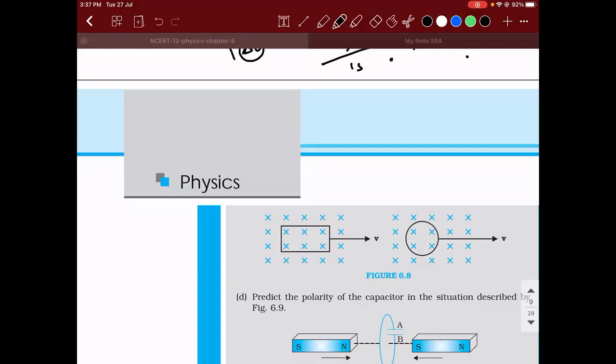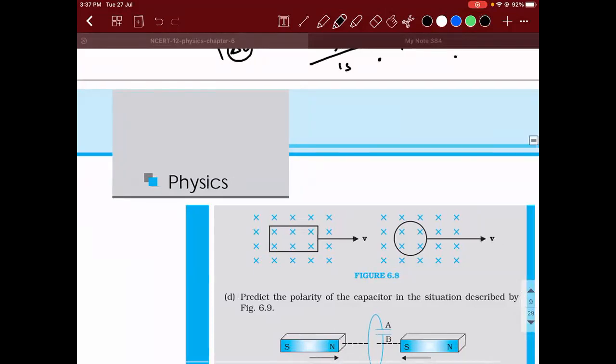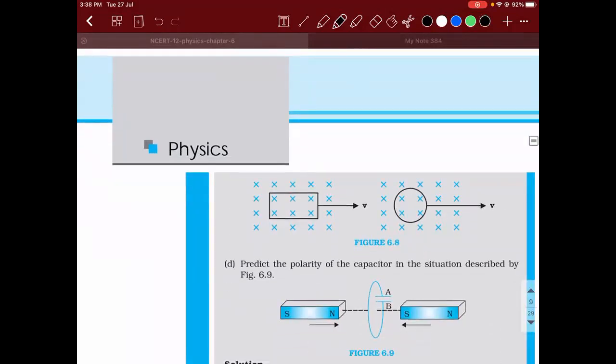So let's say in the first second, the loop is like this. Then this is the area that has come out. In the next second, what would have happened? This would be the area that has come out.